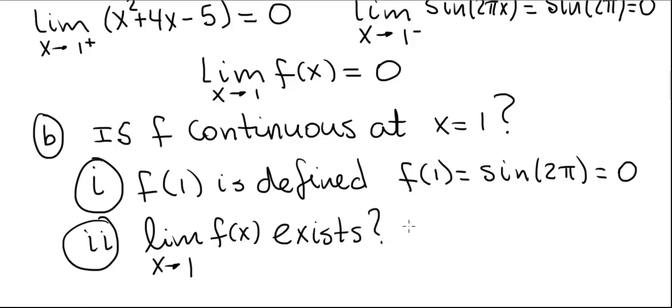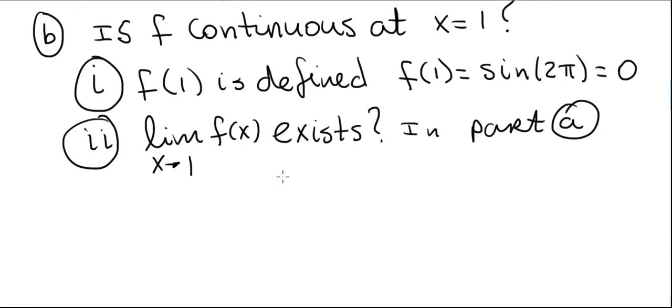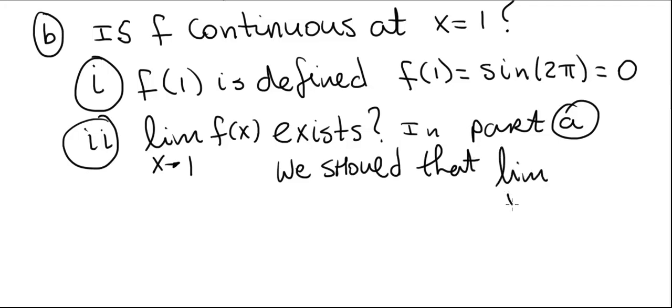Well, what we just did in part A, we showed that the limit as x approaches 1 of f of x exists and it's equal to 0.